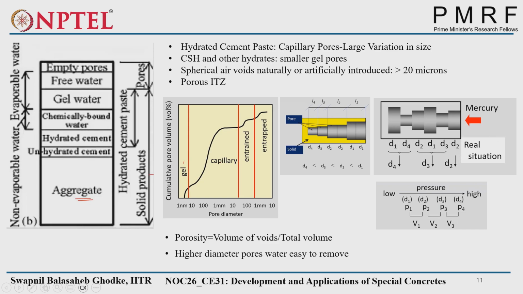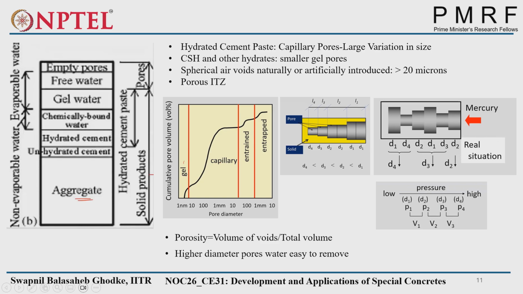Suppose D2 is there, we get the pressure where the mercury will penetrate D2, and D3 requires higher pressure. Then we apply higher pressure and get it here. But what happens here? We required less pressure. There is a difference, and we will not directly get the pore distribution. Similarly, in this one we have the bottleneck effect. In a real situation, there is an arbitrary placement of the diameter of the pores.